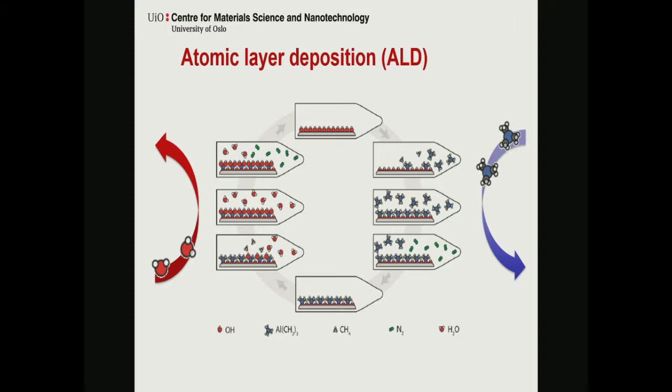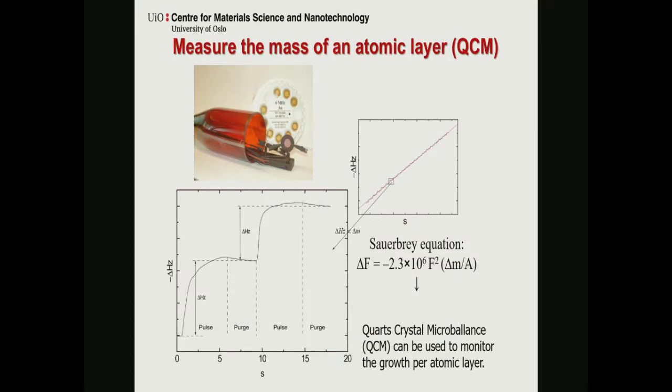And there's another technique here which we're going to dwell on quite a lot, and that's the quartz crystal microbalance. Those of you who are skilled in physical vapor deposition, any of you students who have worked with physical vapor deposition before? Yeah. Here we have a group as well.